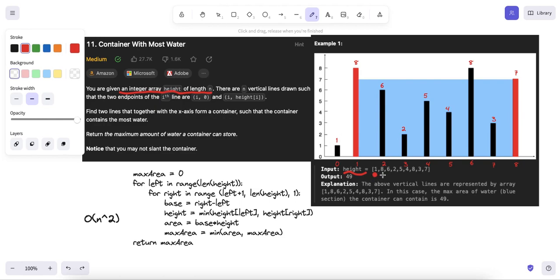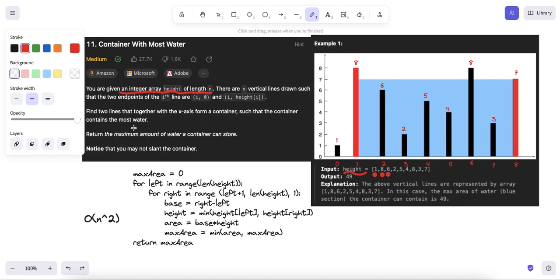Following this, we have the value 8 in our height array, and therefore, the next line in our graph has a height of 8. Following this, we have a value of 6 in our array, and therefore, in our graph, we have a line at index 2 with height 6. And the same can be said for the rest of the values in the array, forming respective lines.